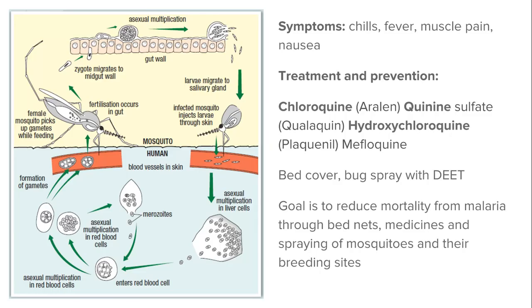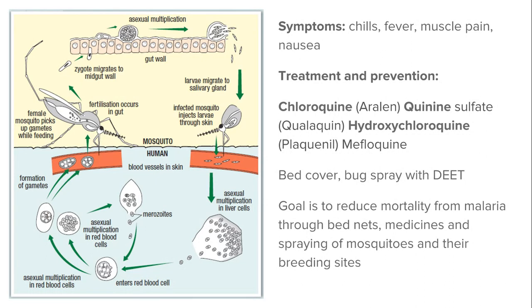So here we see the reproductive cycle, or the way in which malaria is transmitted through people. We can see here that there's fertilization inside the mosquito, then the zygote migrates.